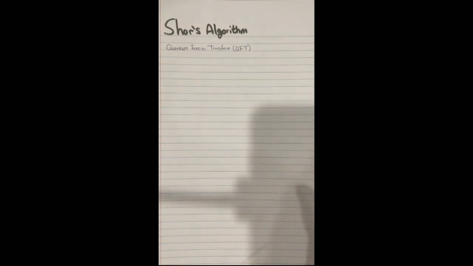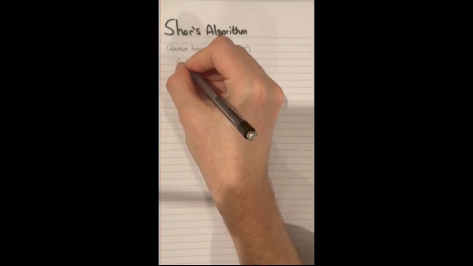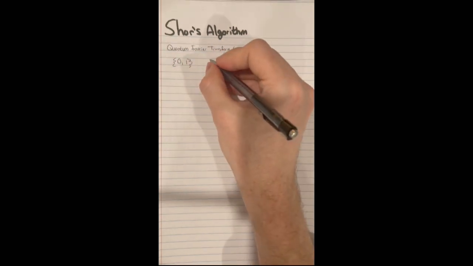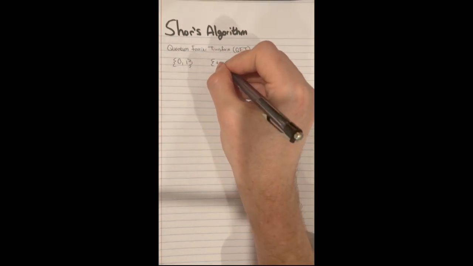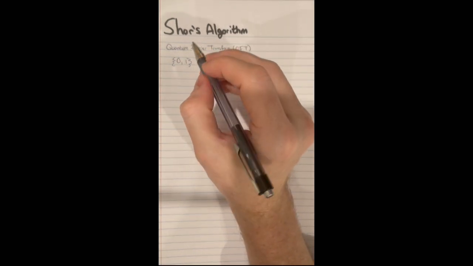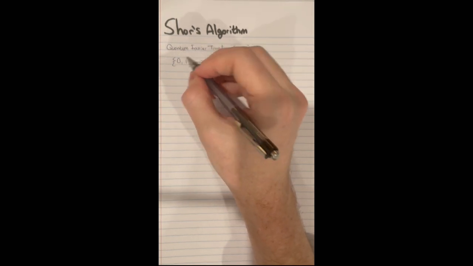At a high level, the QFT is a change of basis from the computational basis to the Fourier basis. So for a one-qubit system, the computational basis is simply the 0 and 1 states. And our Fourier basis are the plus and minus states. So when we say the QFT is a change of basis from the computational to the Fourier basis, we're stating that we're going from the 0 and 1 states to the plus and minus states.